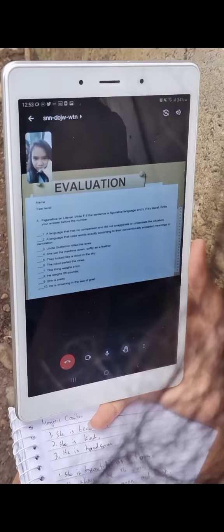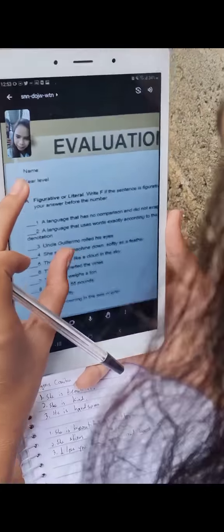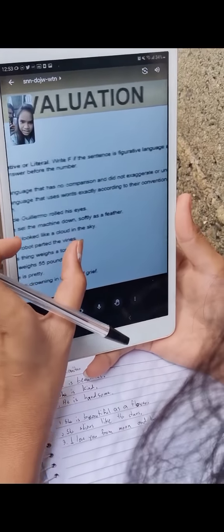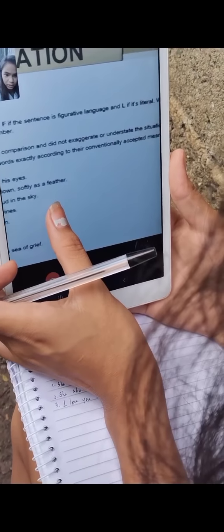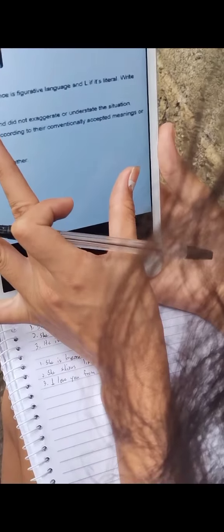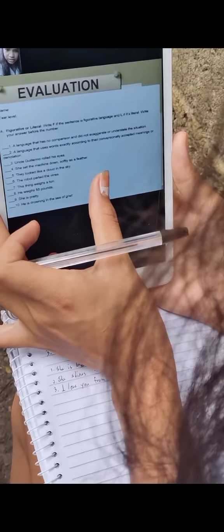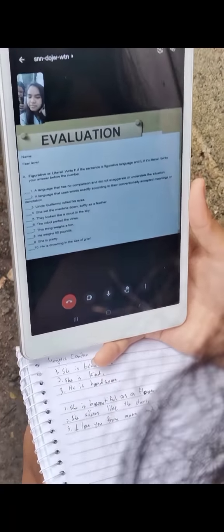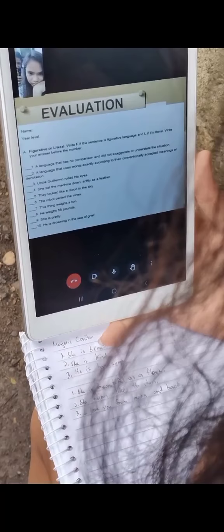Number 1. Kindly read. A language that has no comparison and did not exaggerate or understate the situation. Very good. What do you think is the answer?